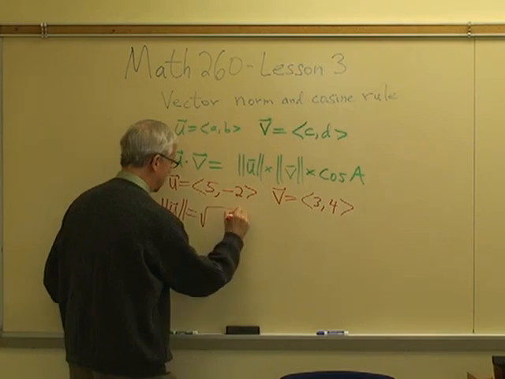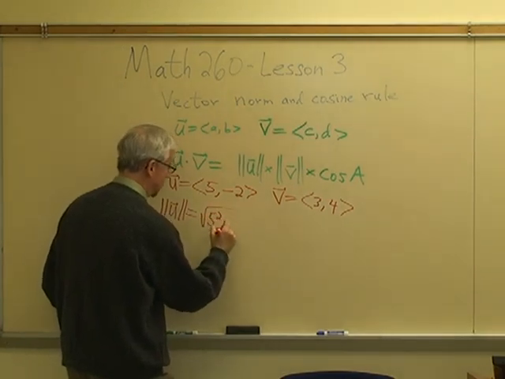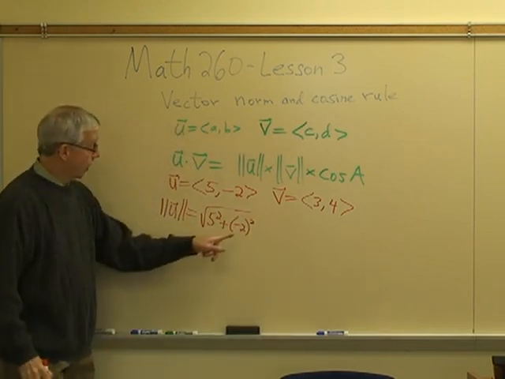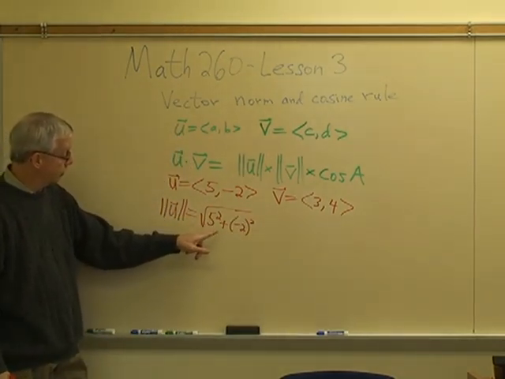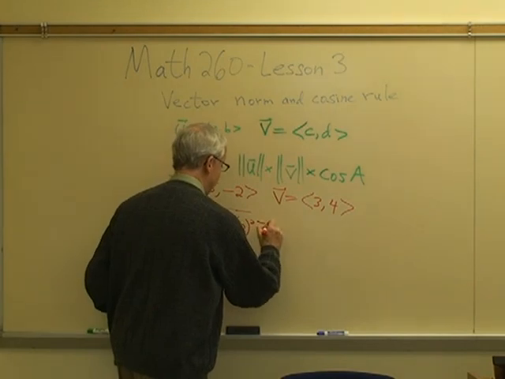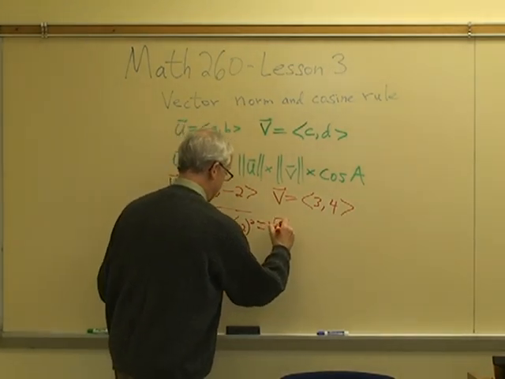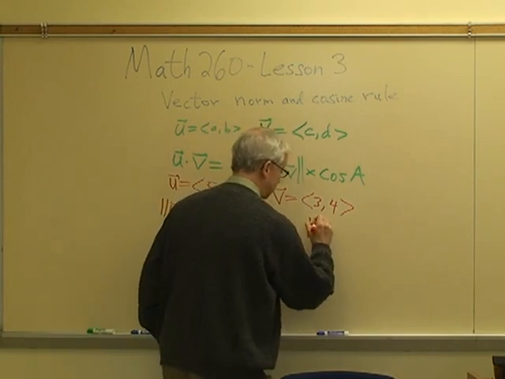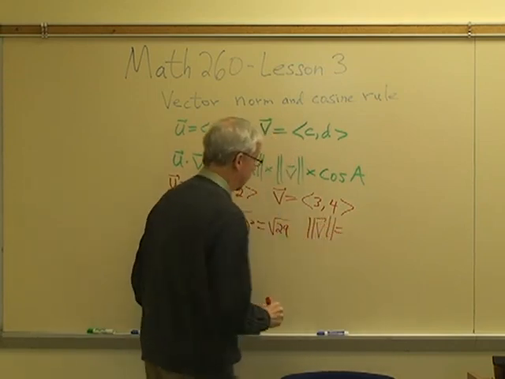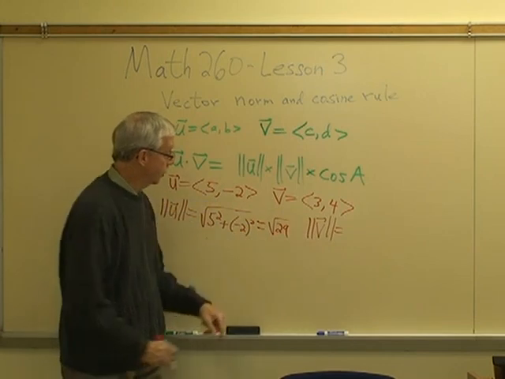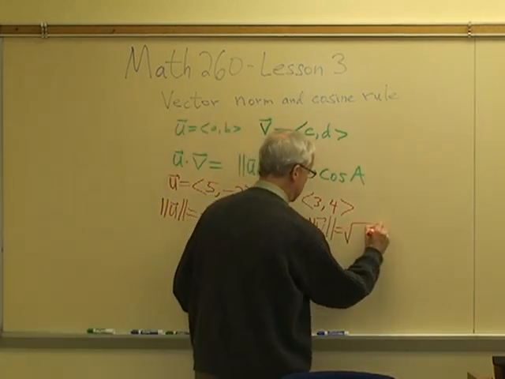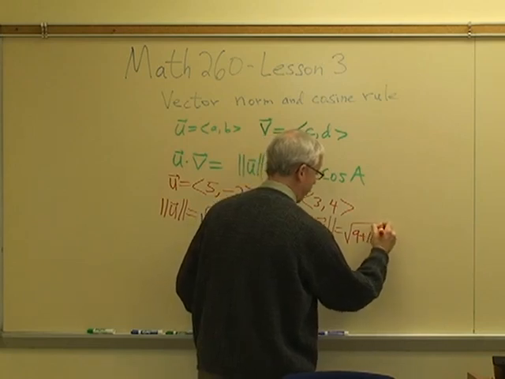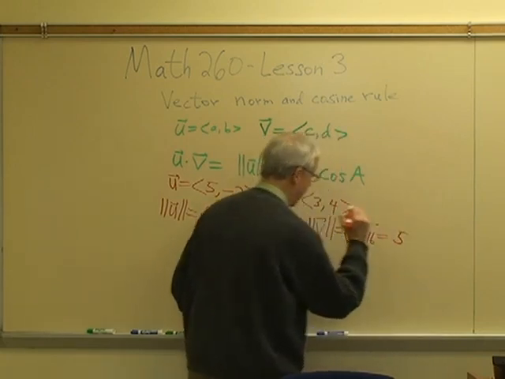So it's the square root of 5 squared plus negative 2 squared. And when we square a negative number, we get a positive. So this is 25 plus 4, the square root of 29. And the length of v is the square root of the sum of the squares, so that's the square root of 9 plus 16, that's the square root of 25, so that's 5.